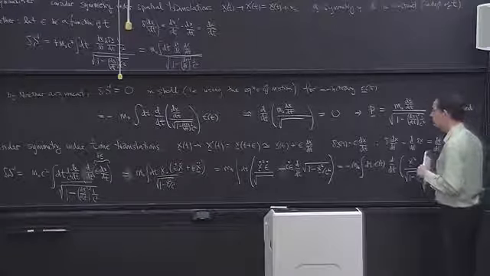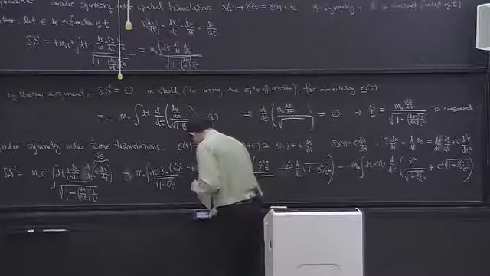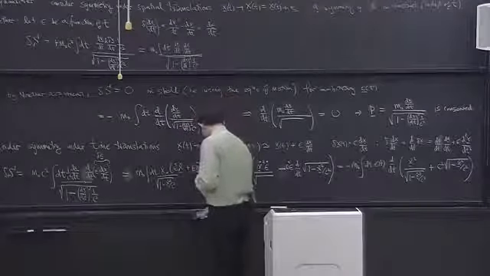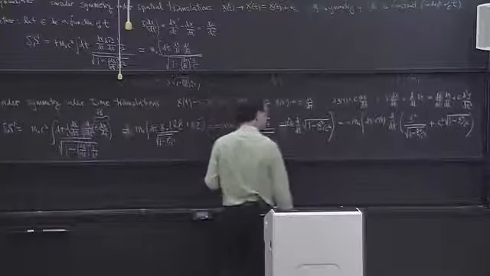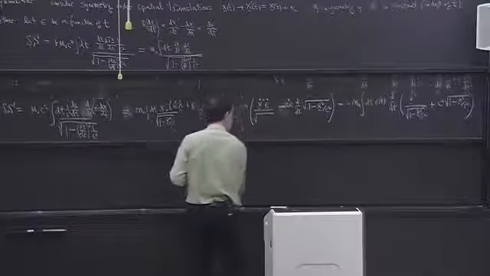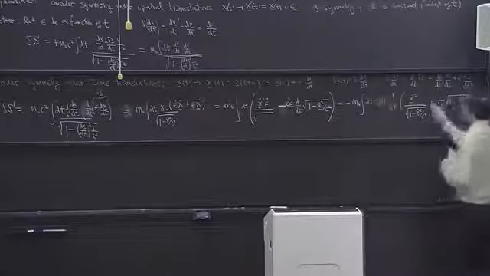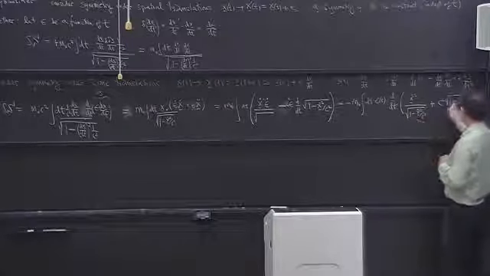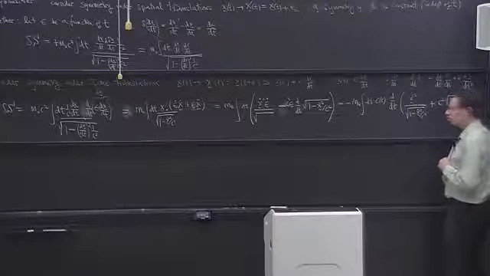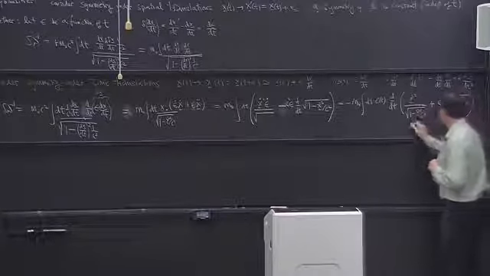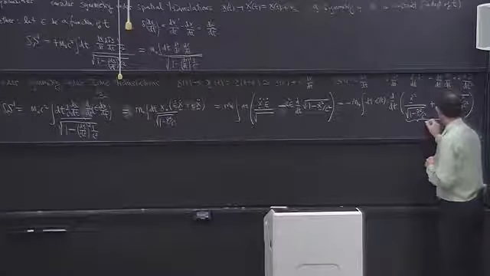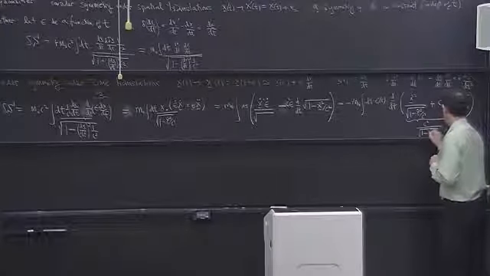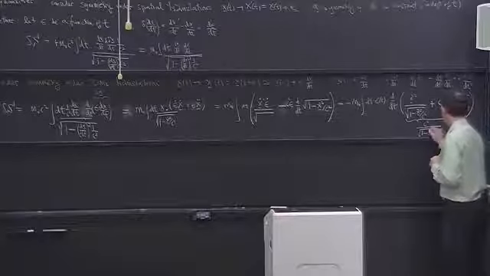But what is that? Move it up so you can see it. We can combine these terms. Just multiply the square root. This square root times that square root is 1 minus x dot squared over c squared. So the minus x dot squared cancels. So this whole thing is just c squared over root 1 minus x dot squared over c squared.